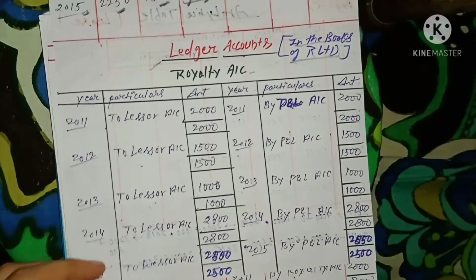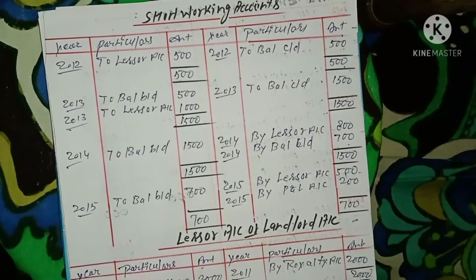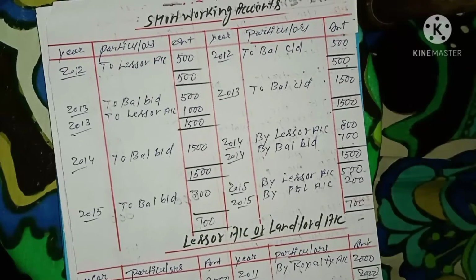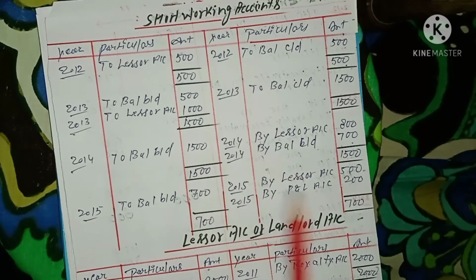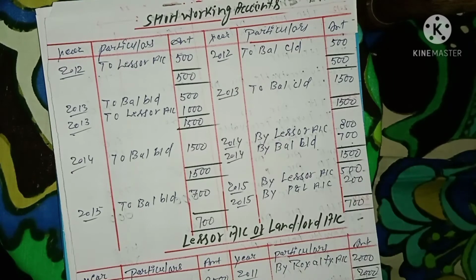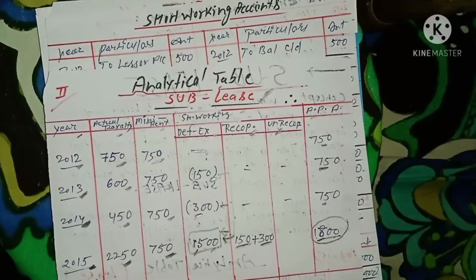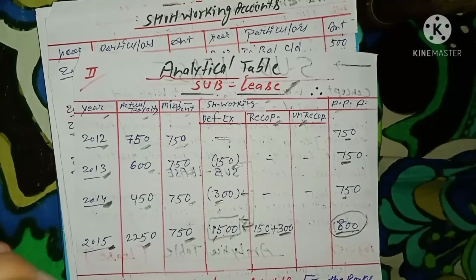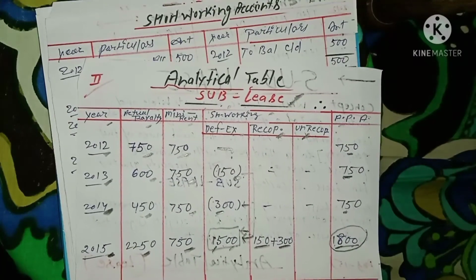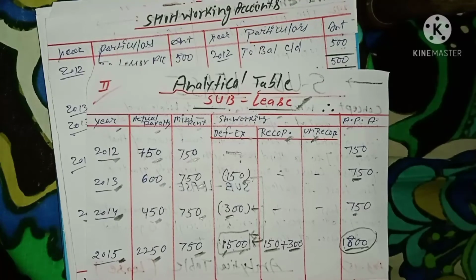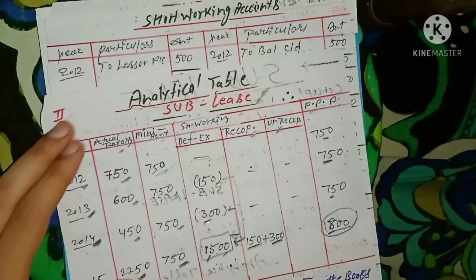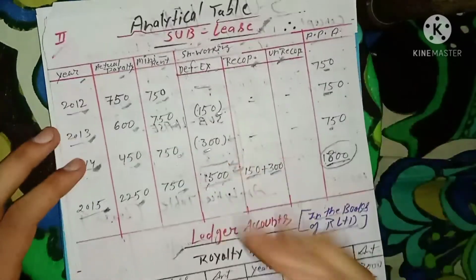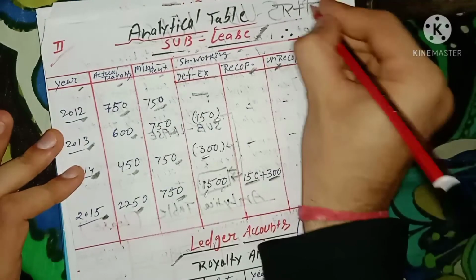Here you can see, you can pause and simply see the process how I have done. Regarding the sublease and lease, while preparing the analytical table, I have already told you what kind of things you have to keep in your mind. So for sublease, the third party prepares the analytical table, passes journal entries and prepares ledger accounts, when you are considered to be a lessor.